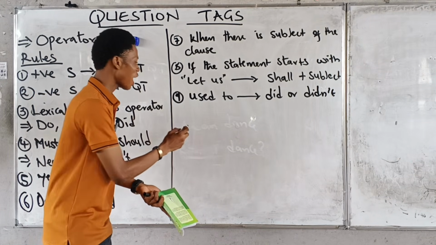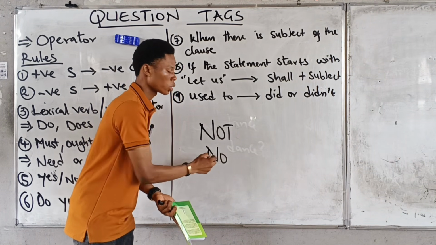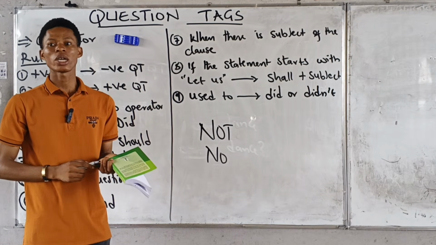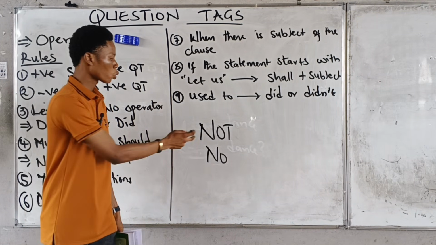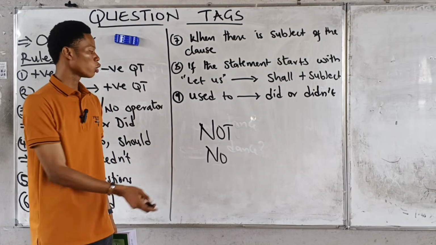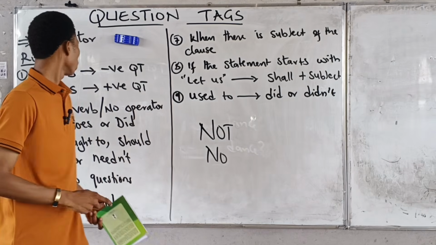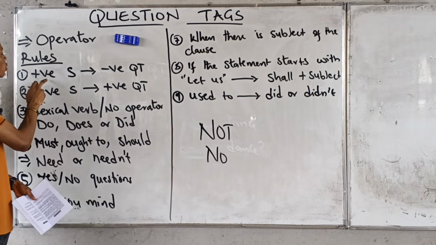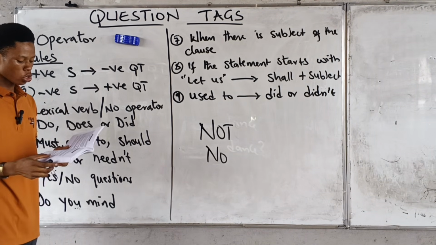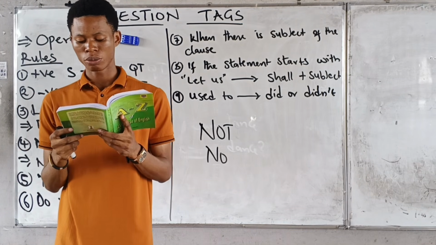Any statement that has "not" or "no" in it is negative. So any statement that has not or no, that statement is negative. But any statement that does not have this or this is positive. So if the statement is positive, what will be the question tag? Negative, right?